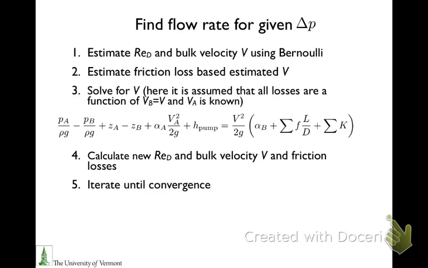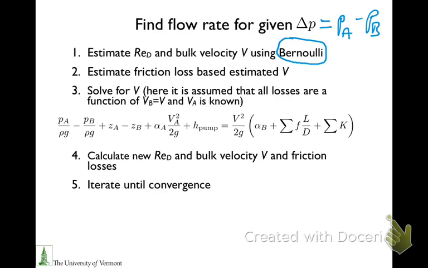Now for a slightly more complex case: what happens when you know delta P, so PA minus PB, but you don't know the flow rate? That's a problem, because how are you going to calculate your Reynolds number? The best way to estimate your Reynolds number is to use Bernoulli.